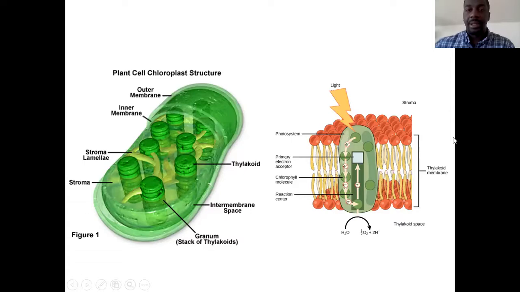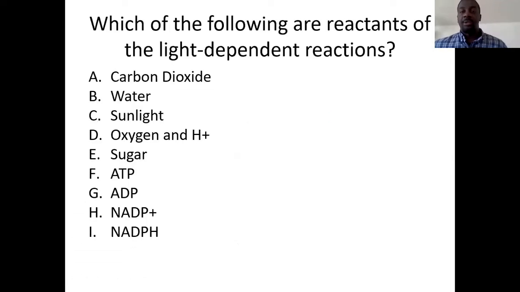All right, next question. Which of the following are reactants of the light-dependent reactions? What are we starting with? There are multiple answers for this, so go ahead and chime in. We have carbon dioxide, water, sunlight, oxygen and hydrogen ions, sugar, ATP, ADP, NADP plus, and NADPH.